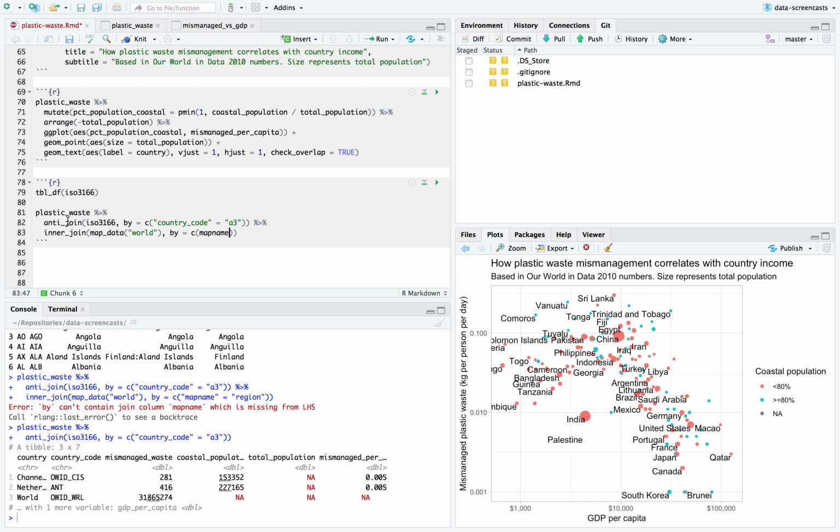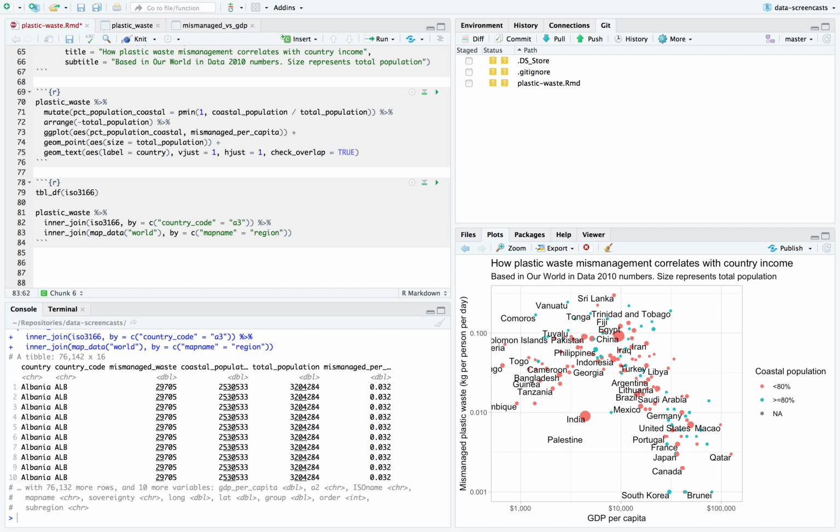Oh, I still have an anti-join. Anyone else catch that? Make it two inner joins in a row. So it took me a little remembering exactly how to line this up, but now I've used country code. Notice that whenever you work with a data set with countries, they might have some subtleties for how the country names work. And then we're going to have to match it to the choropleth data.